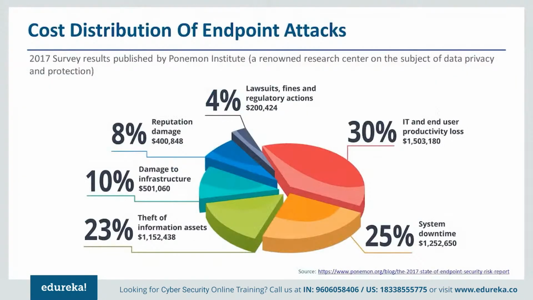This is a slide which tells the damage, the cost of a cyber incident. The survey by the Ponemon Institute, which surveyed around 2000 organizations in 2017, has a pie chart that lets you know the actual impact and the subcategories of cost for a single cyber incident. 4% were lawsuits, fines, and regulatory action on the company. 30% went on IT and end user protection loss.